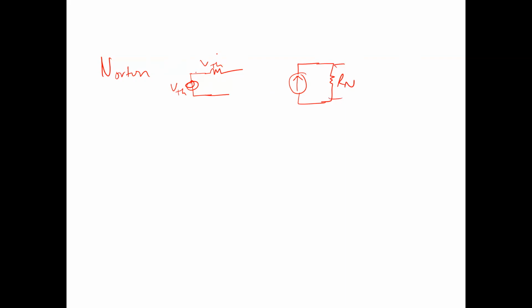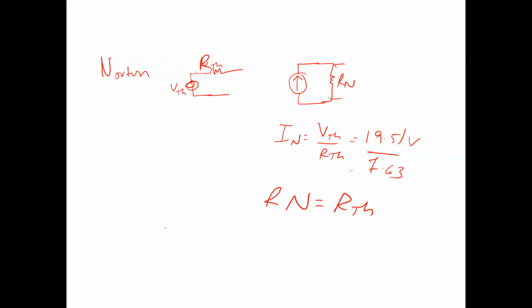So if this is now, sorry, this is R Thevenin, then I can find this one, I Norton will be V Thevenin divided by R Thevenin, isn't it? So that is 19.51 volt divided by R Thevenin, which is 7.63, and Rn will be the same as R Thevenin. Okay, so this current is this one, and this will be the same as this one.